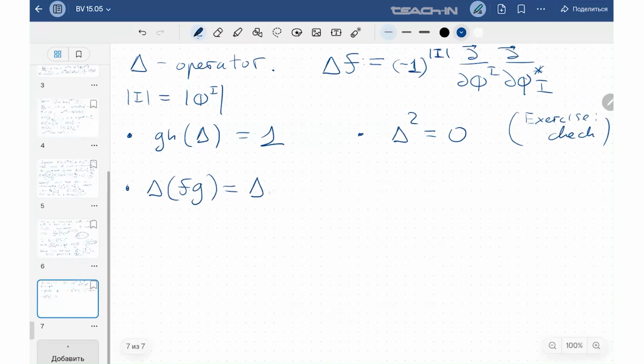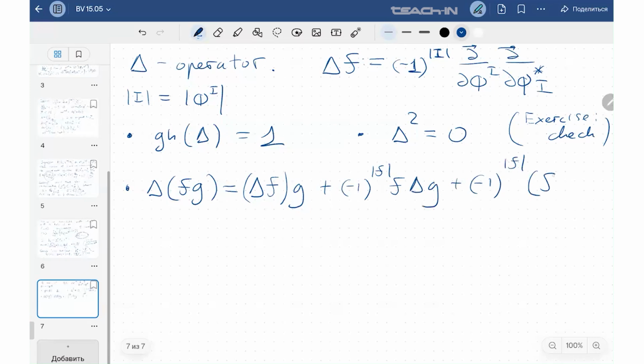So delta of f times g equals delta f times g, plus or minus (-1) to the power of the Grassmann degree of f, f delta g, but then there is one more term, which is precisely the BV bracket between f and g. An exercise is to check all these properties. Well, the first one is completely trivial.